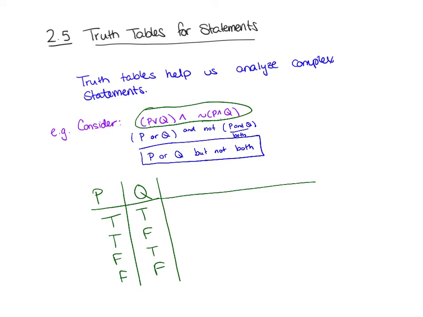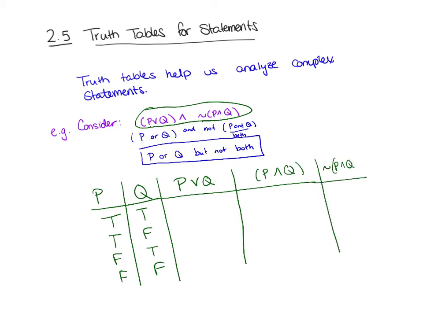What I recommend for doing this is to break that down into its little component statements. So I have P or Q. I have P and Q. And then that P and Q gets a not.